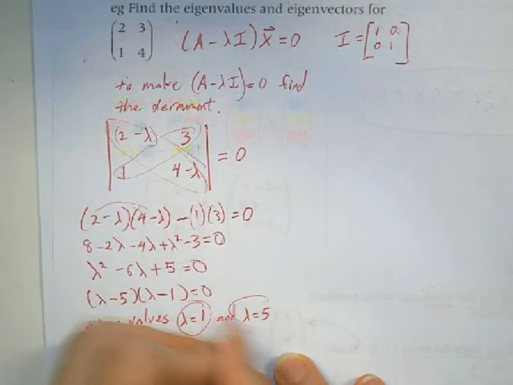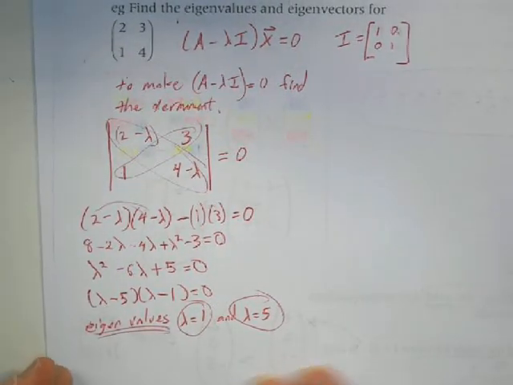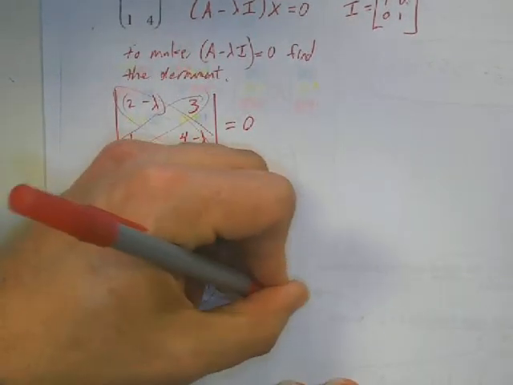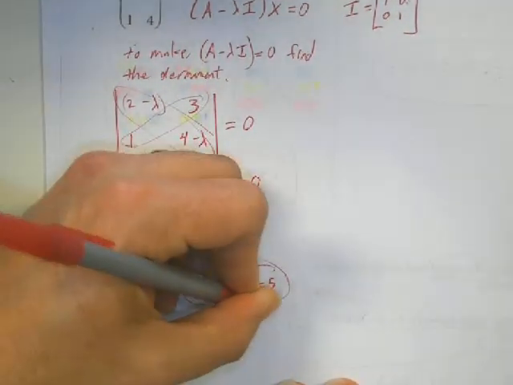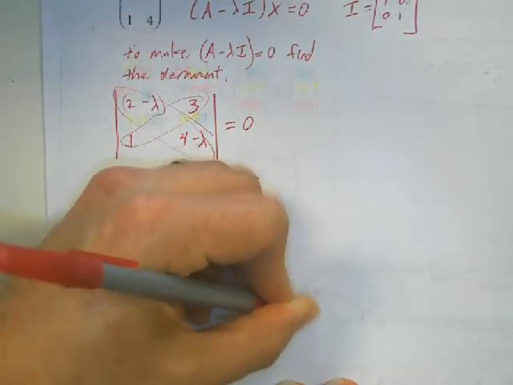Now we've got our eigenvalues, and we need to find our eigenvectors. So we're trying to make A minus lambda I equal to 0, right?